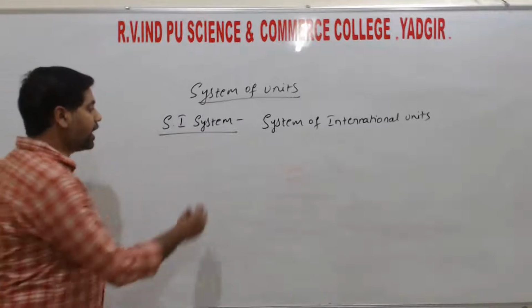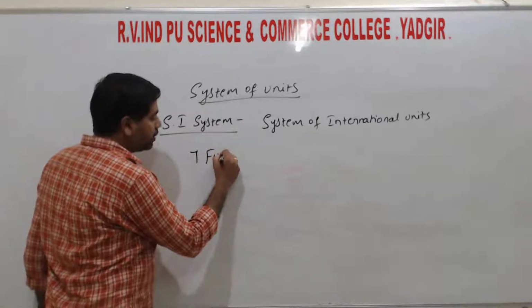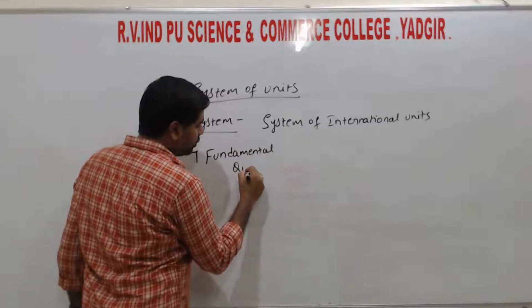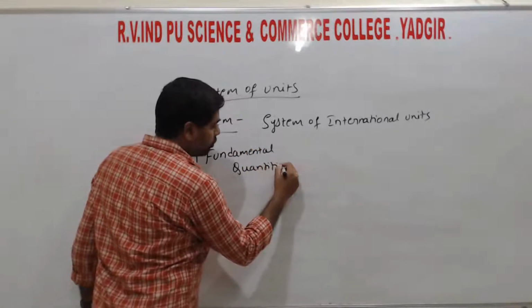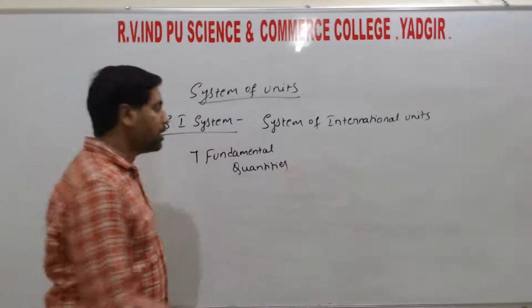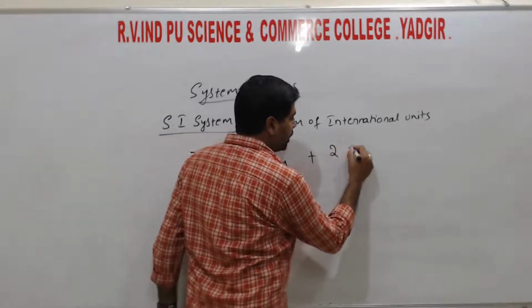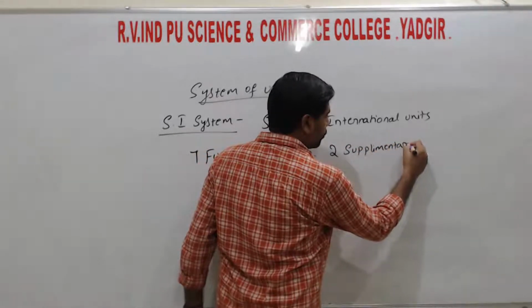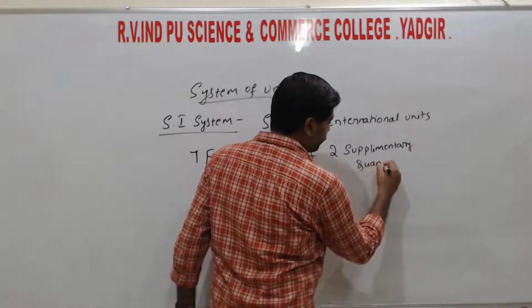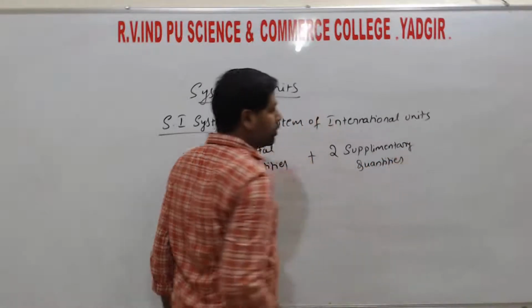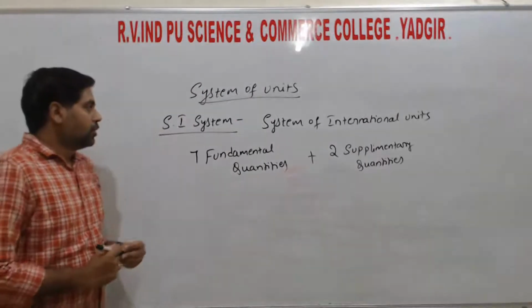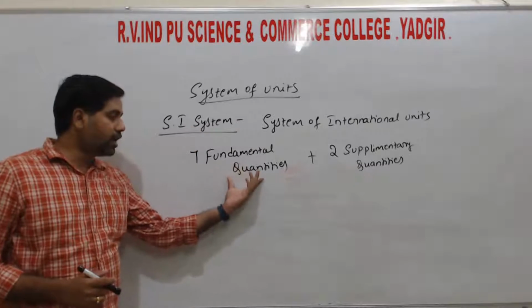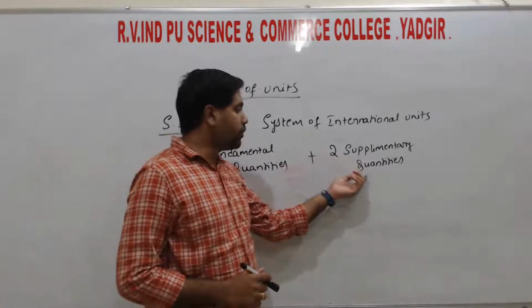So in the SI system we have 7 fundamental quantities, along with the 2 supplementary quantities.